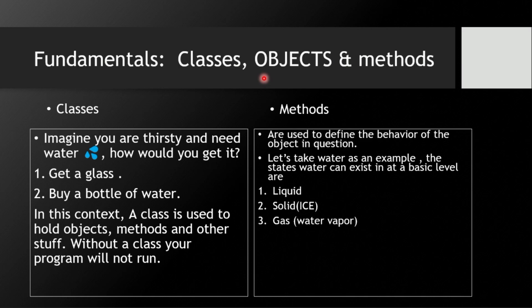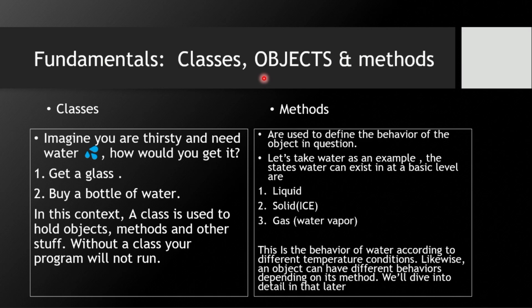So the difference in surroundings or environment determines the behavior of water as a whole. We could say this is the way methods work. A method could be a catalyst to the change in state of that object. Whatever we define that method as, the object will oblige to what that method actually is.